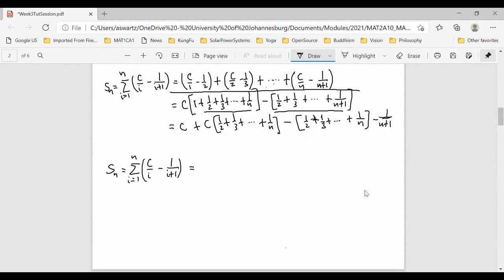Right. So this is going to be c divided by 1 minus a half. Let's rewrite it again and see if we can rearrange the terms differently. Let's add another term.